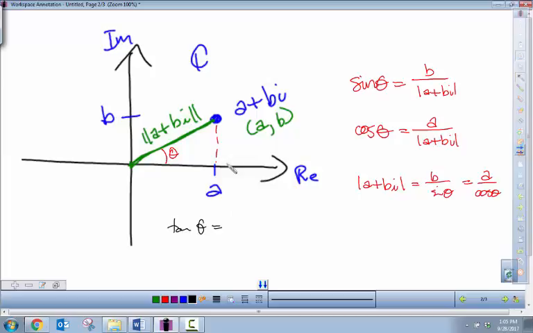If you multiply, you can get it as b over a is equal to sine theta over cosine theta, which is tangent theta. Anyways, I think we went in the wrong direction. But this was fun.